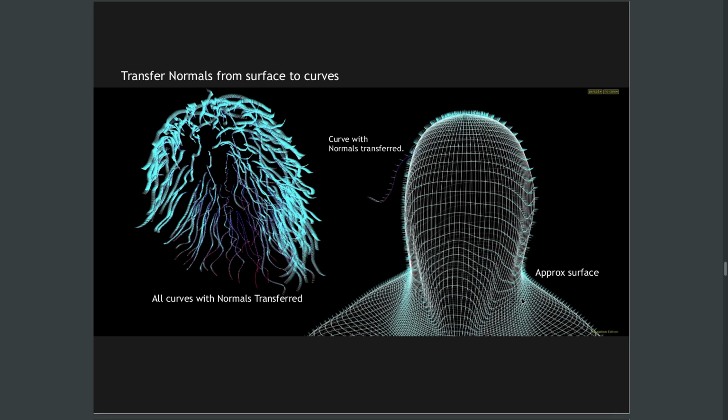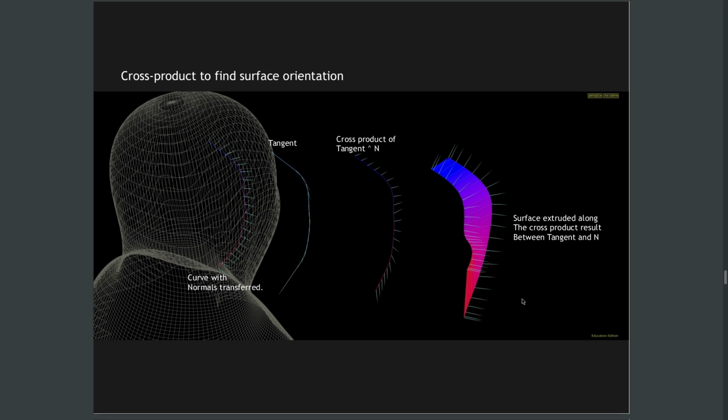And if I take the normal of that surface and transfer it to the hair, I will get the orientation of the surface that I'm going to be creating. So here I'm taking all the curves, and I'm taking the approximated surface that we've created, and I'm transferring the normals. So our curves have the normal information, and this is the normal transferred from the surface, and each curve has the tangent which flows through the curve.